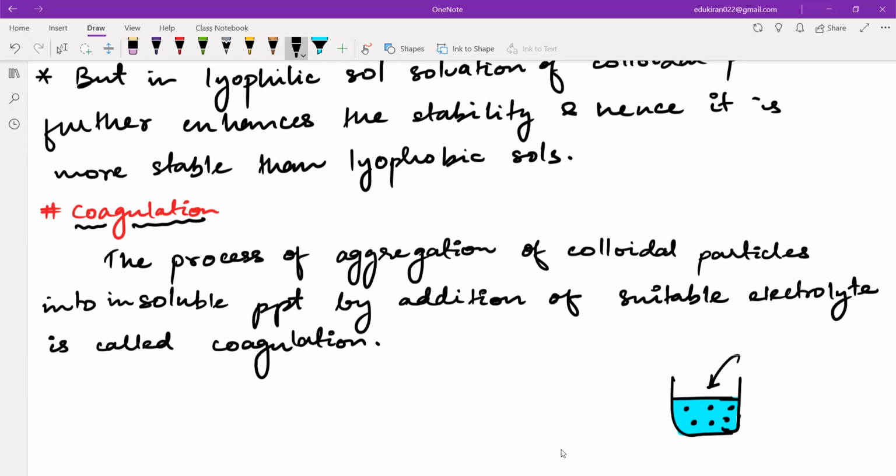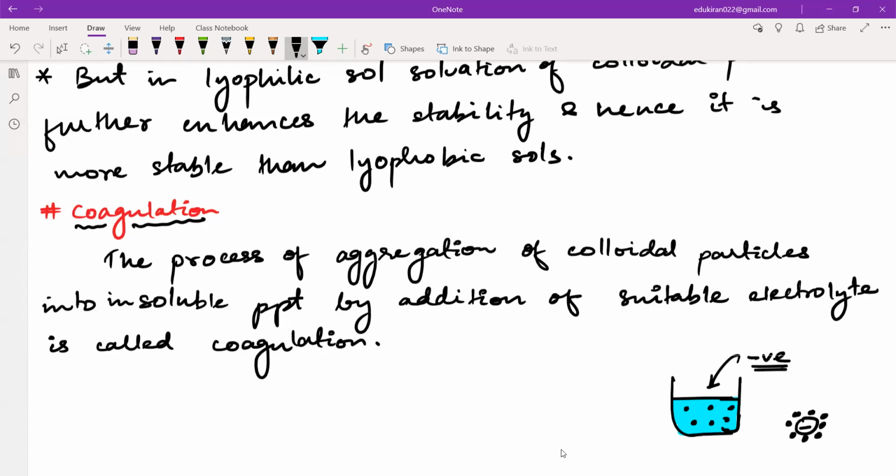To aggregate them, I will add a negatively charged electrolyte. When I add a negatively charged electrolyte, all these positively charged colloidal particles will aggregate over this negatively charged electrolyte, and hence they will become insoluble and form a precipitate. This is how we do coagulation.